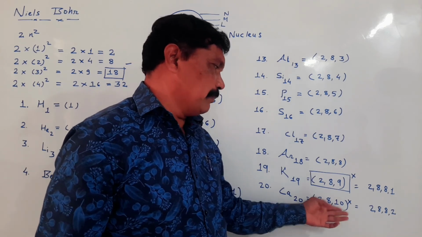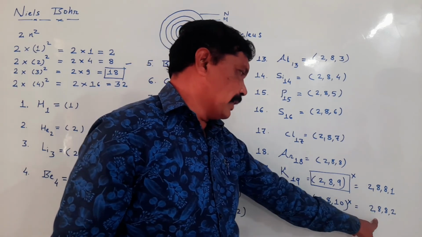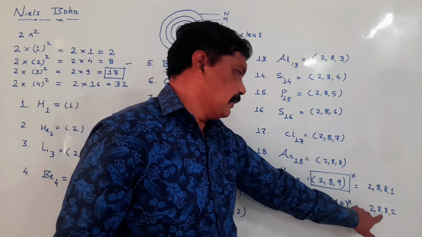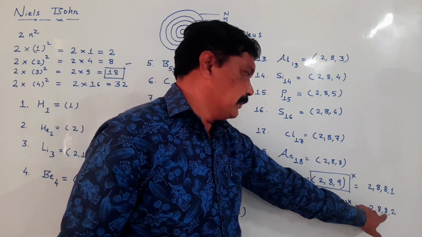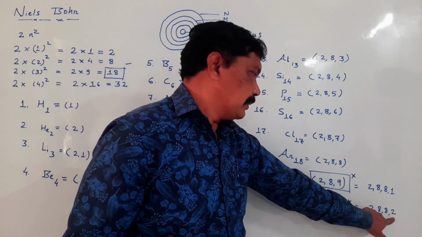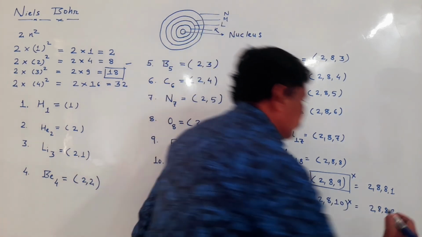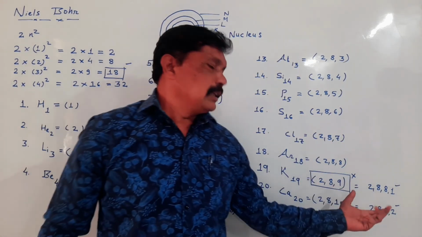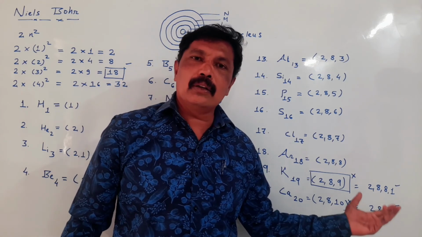You will write in this way, but this is wrong. We have to write it this way: 2 8 8 2. So 2 plus 8 is 10, 10 plus 8 is 18, 19, 20. So my dear student, this is the correct electronic configuration.